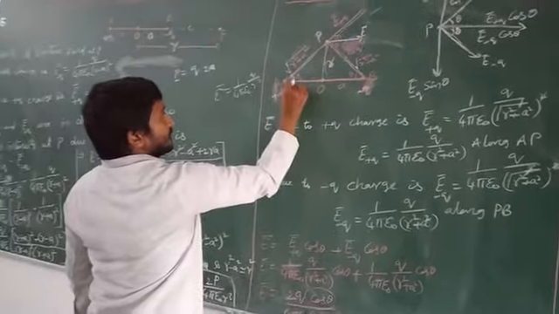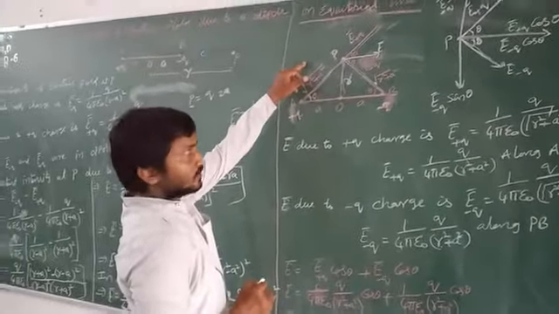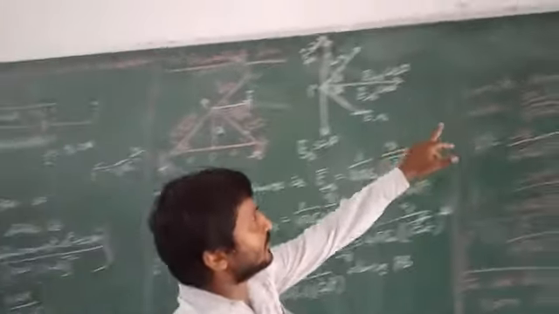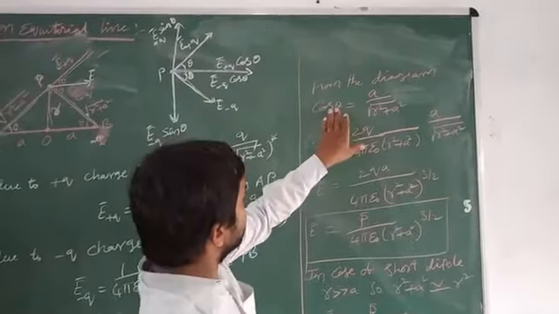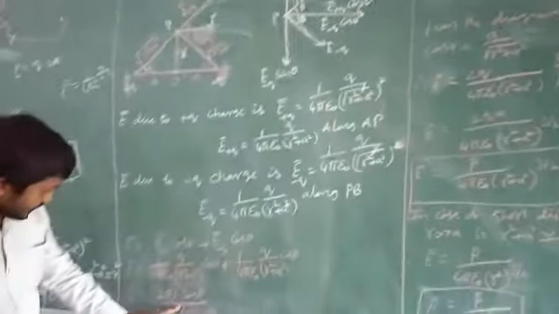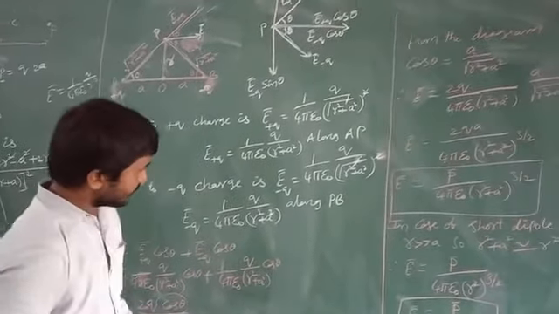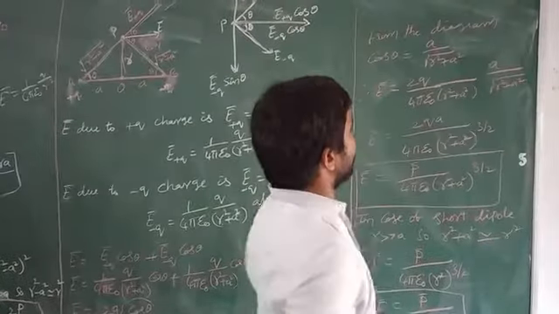Now cos theta equal to adjacent side by hypotenuse, అంటే a by root of r square plus a square. From the diagram, cos theta equal to a by root of r square plus a square. If we substitute this cos theta value in this equation, we get 2q by 4 pi epsilon naught r square plus a square into cos theta, అంటే a by root of r square plus a square.